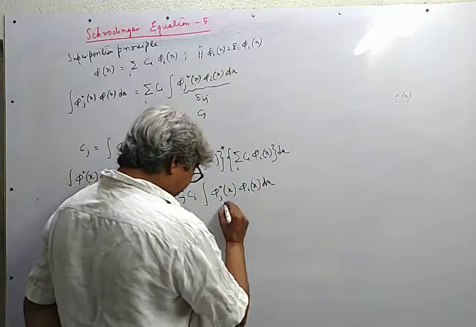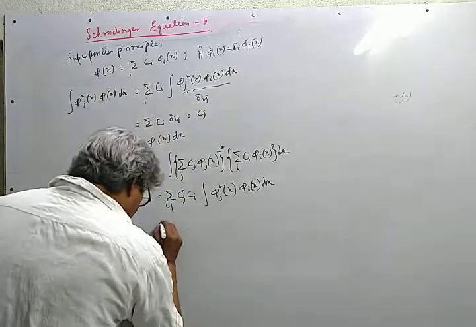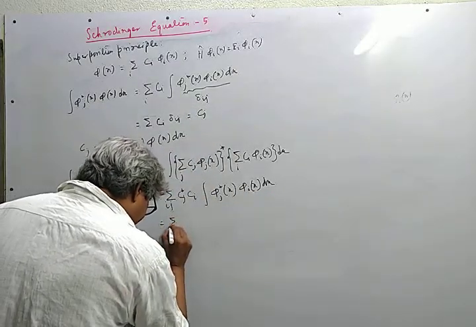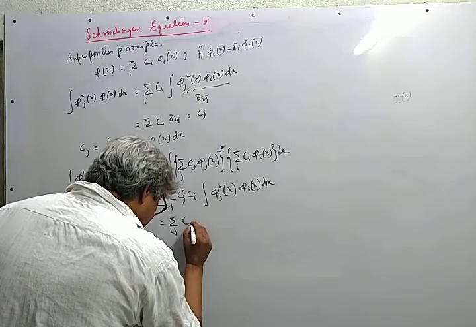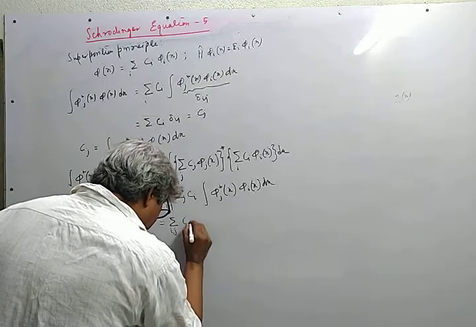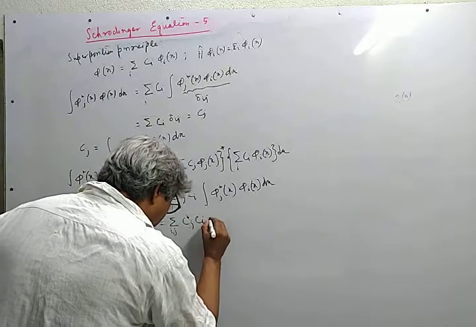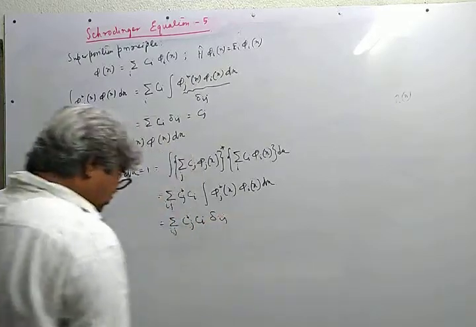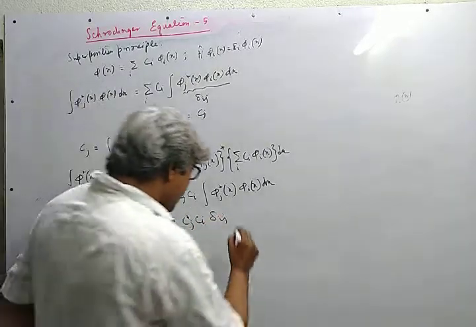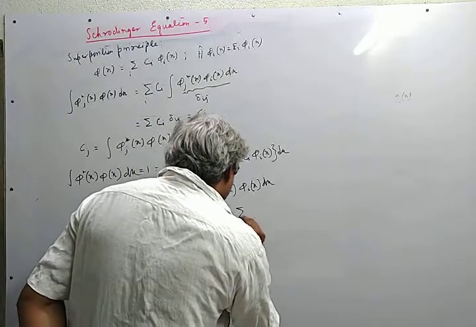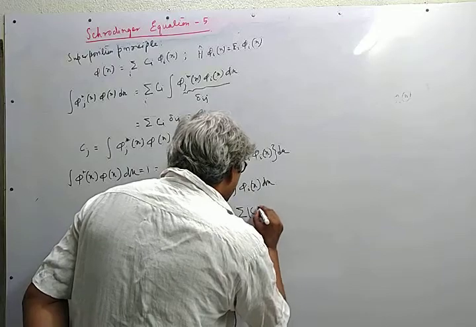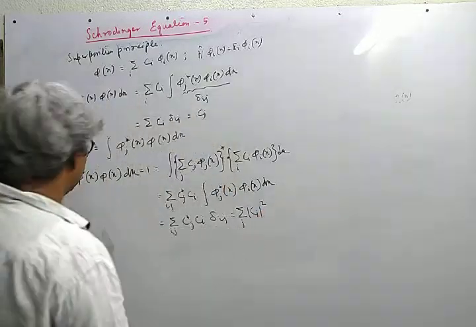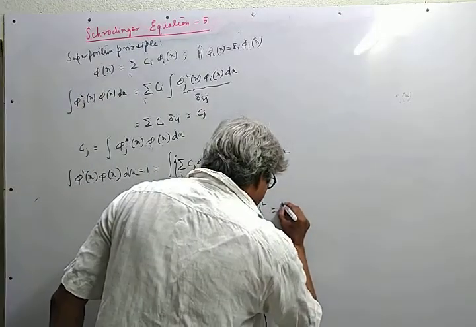Over all space. So again this is delta ij, so the result will be Cj star Ci delta ij. So one sum will go, and the result will be the summation over j of Cj modulus square, and the result is equal to 1.